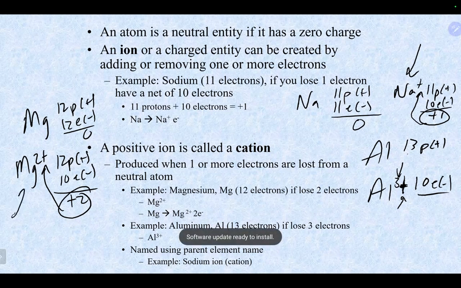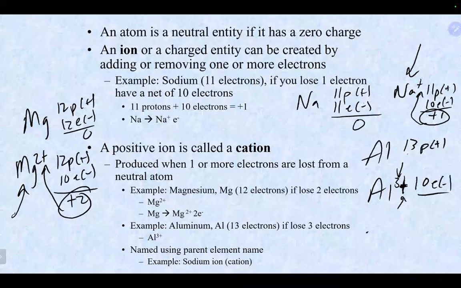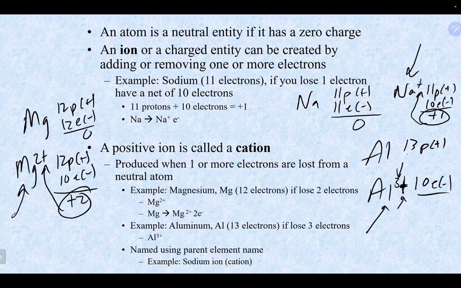This guy here, the whole name of that element is magnesium, so that would be the magnesium ion. And this guy here that has a charge, the whole name of that guy is aluminum, and that would be the aluminum ion. So if you're ever asked what is the name of a cation by itself, and you have the formula for it, it's pretty simple. It's just the element name, and you just put ion at the end because it has a charge associated with it. Any questions on that there?